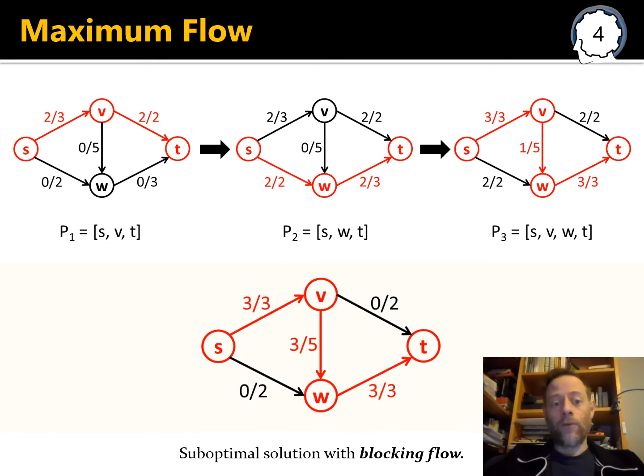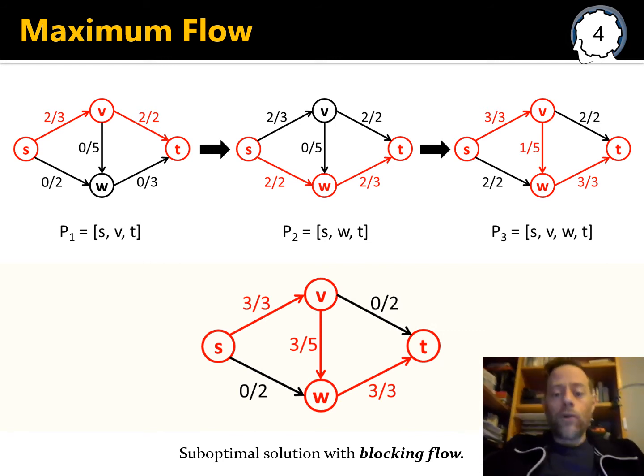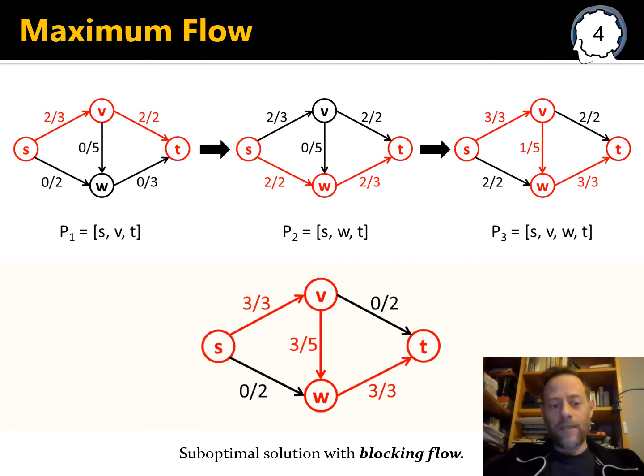If we take the first image at the top left, we can see that from s to v we can have a flow of 2, and then we can pass this flow on from v to t, because the input flow and output flow have to be equal. So we can push through 2 units from s to t. We can also push through 2 units from s to t through w. In the leftmost case, we have saturated the edge between v and t, so we cannot push any more through that.